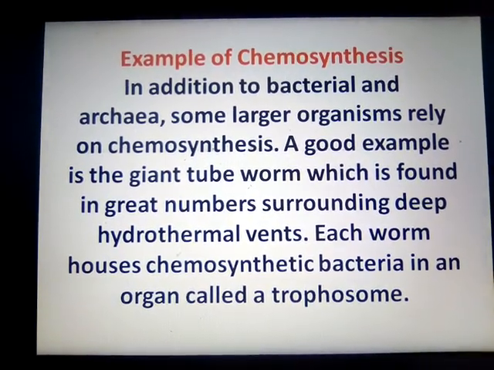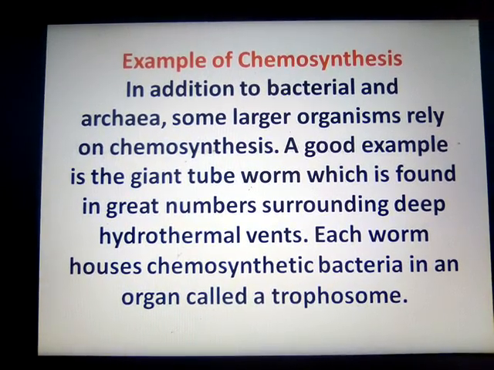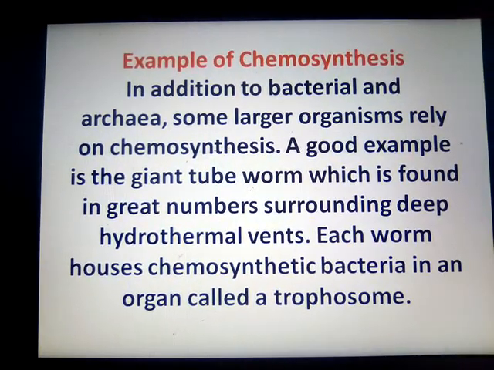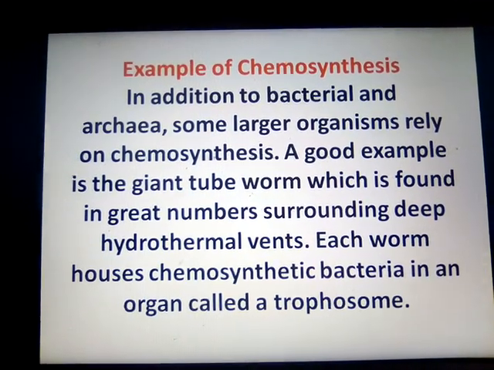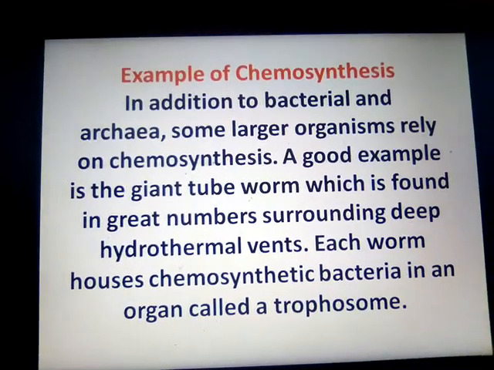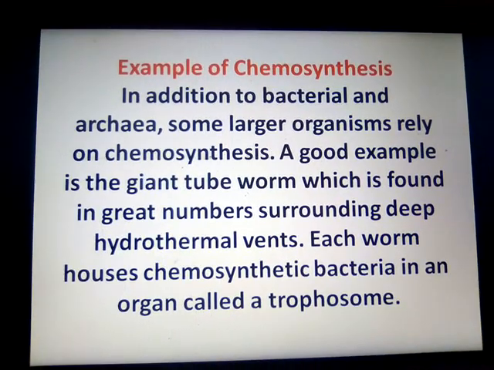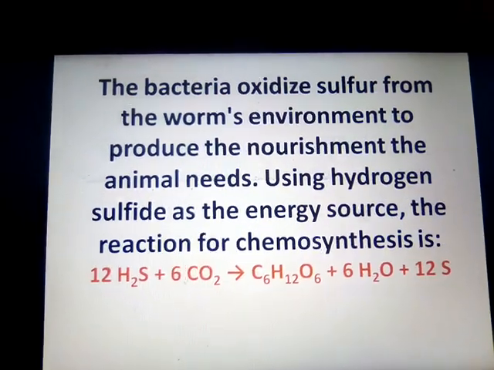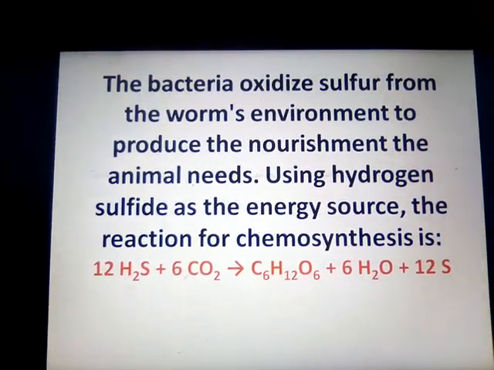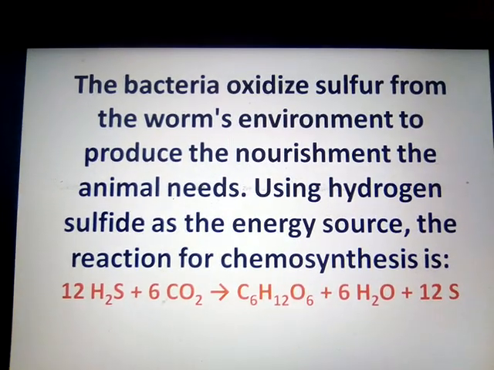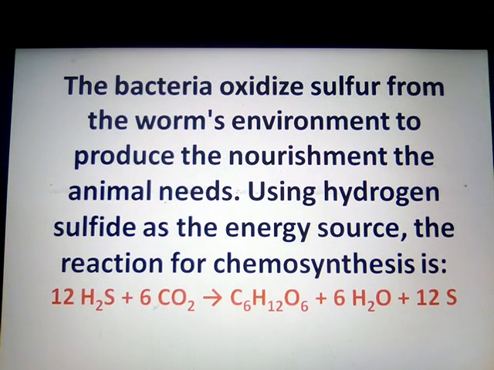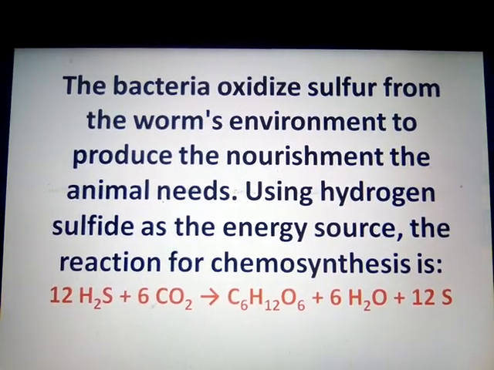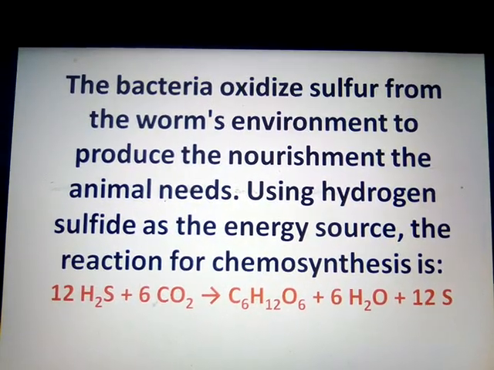Each worm houses chemosynthetic bacteria in an organ called a trophosome. The bacteria oxidize sulfur from the worm's environment to produce the nourishment the animal needs.